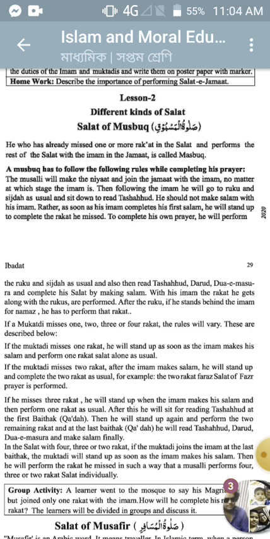In the salat with 4, 3 or 2 rakat, if the muqtadi joins the imam at the last baitak, the muqtadi will stand up as soon as the imam makes his salam. Then he will perform the rakat he missed in such a way that a musalli performs 4, 3 or 2 rakat individually.